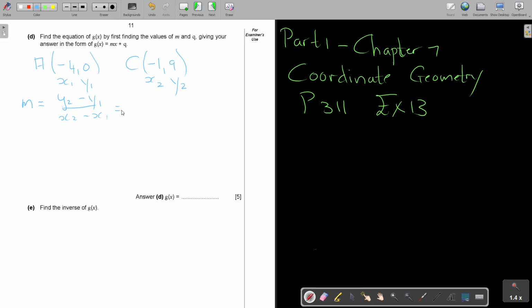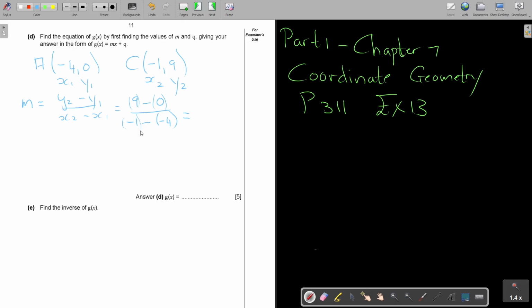In the place of y2, it's 9 minus 0. For x2, go for your brackets, otherwise you will make a mistake. Always substitute in brackets. What I usually do is leave out the brackets if I see positive values, but I will always use them if I see negative values.